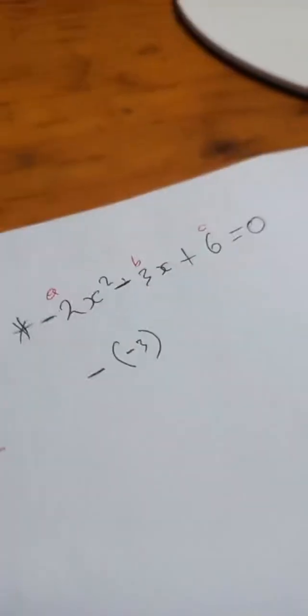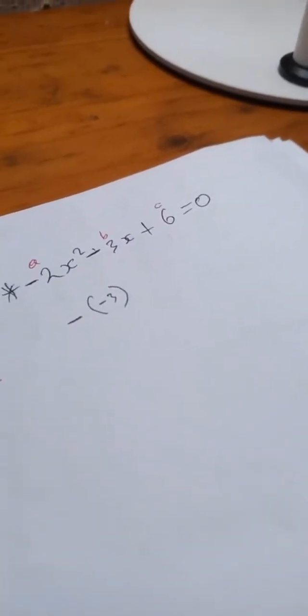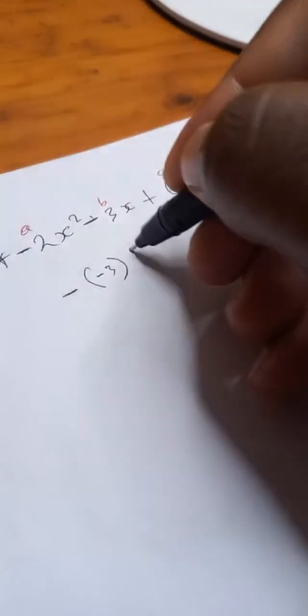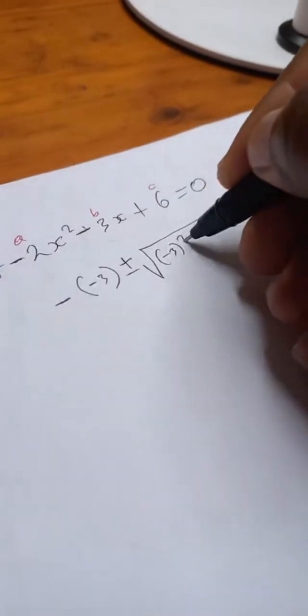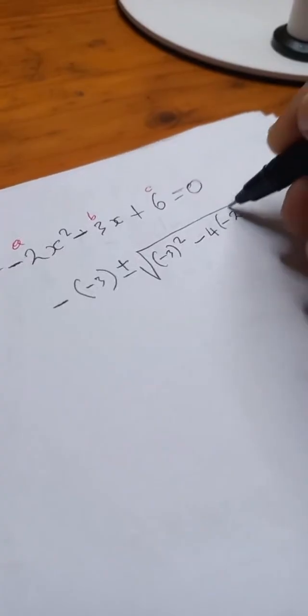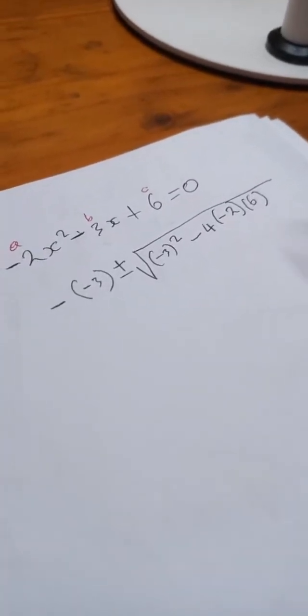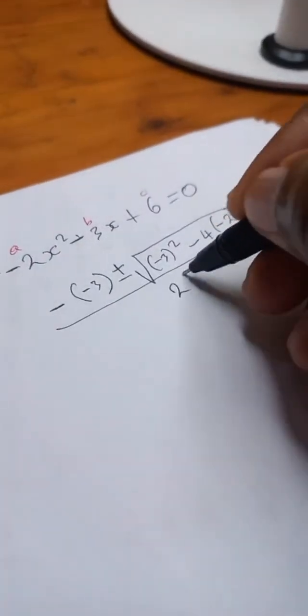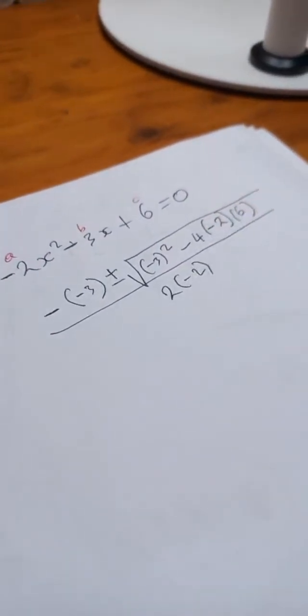Right, now we need to continue with this one. Negative 3 plus or minus square root of negative 3 squared minus 4 times negative 2 times 6, all over 2 times negative 2.